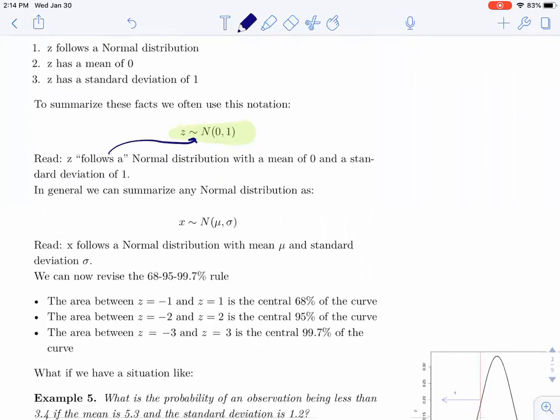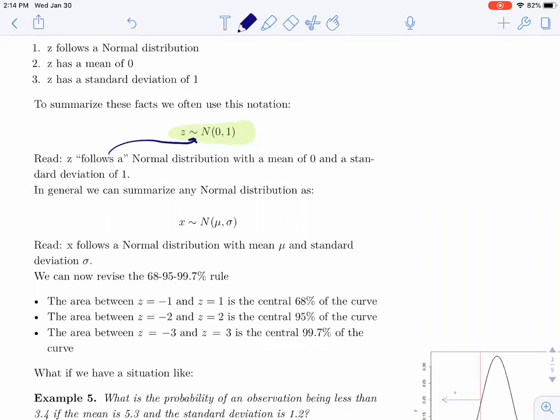Knowing that Z has a mean of 0 and a standard deviation of 1, first of all, does it make sense for Z to be centered on 0? Any mean is 0 standard deviations away from the mean. It hasn't gone anywhere. So that's why it gets boiled down and centered on 0. And then we go out by 1 standard deviation.